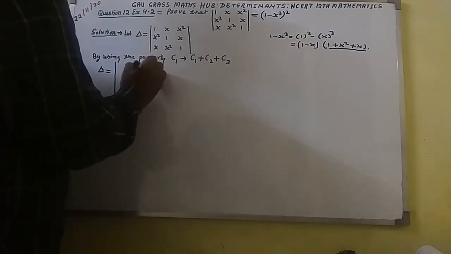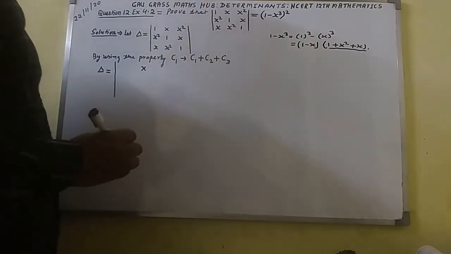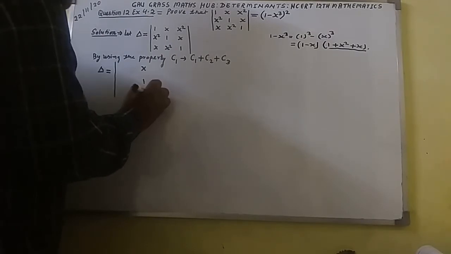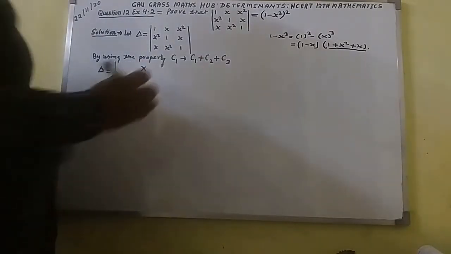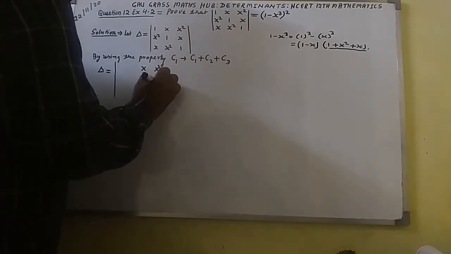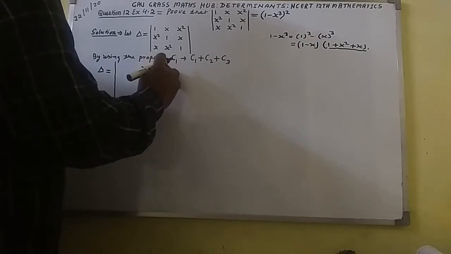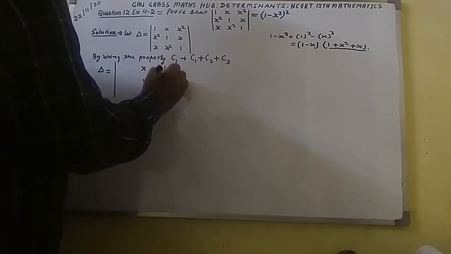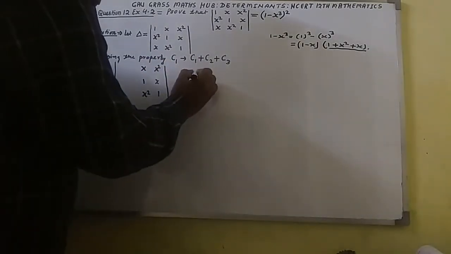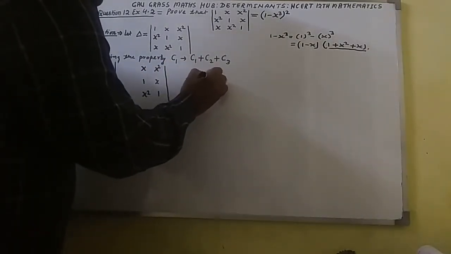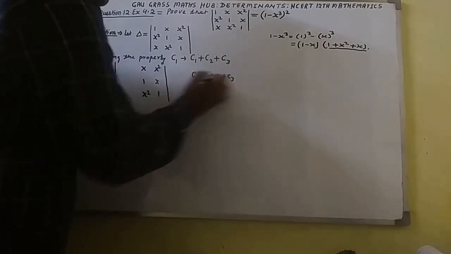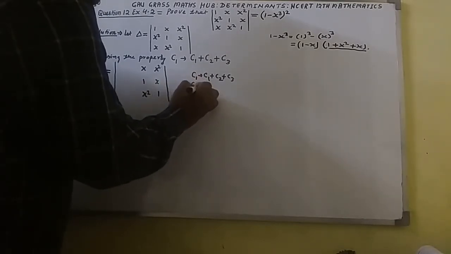Second column I am going to write here x, 1, x square. The third column I am going to write here x square, x, 1. By using this property, you will get C1 goes to C1 plus C2 plus C3.